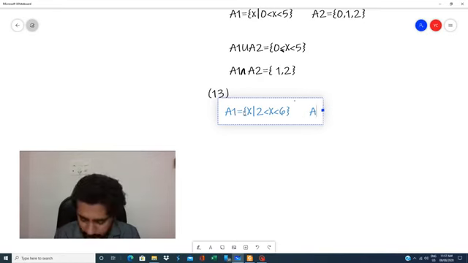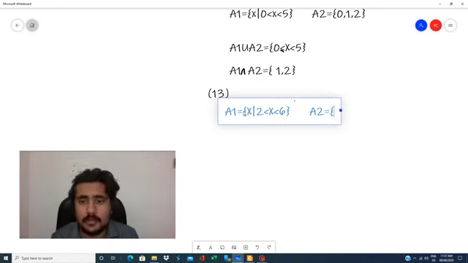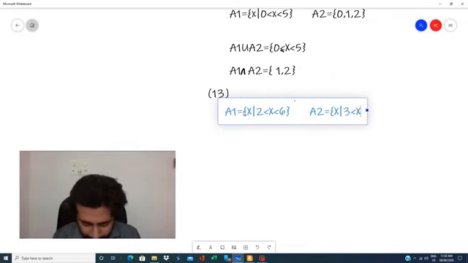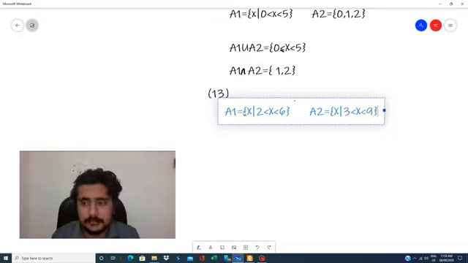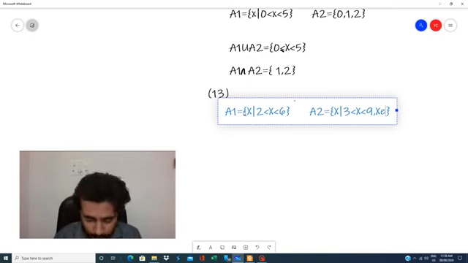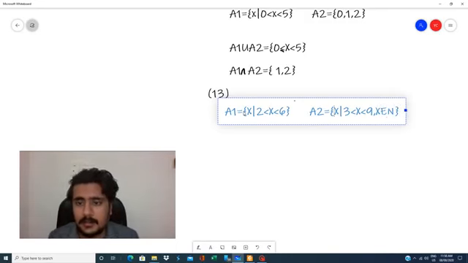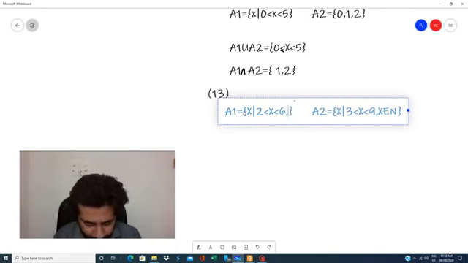and A2 is equal to x belongs to 3 less than x less than 9. Now here x belongs to N and here also x belongs to N. N stands for obviously natural numbers.